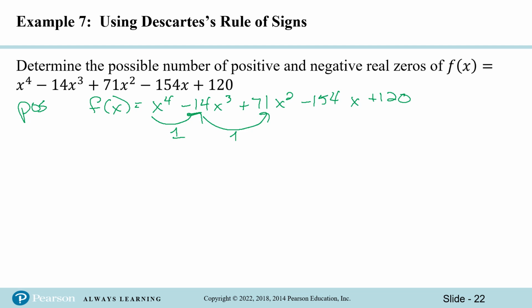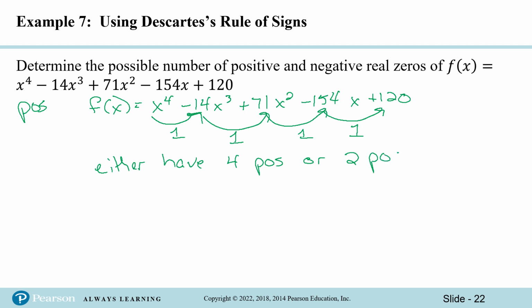Negative to positive, one sign change. Positive to negative, one sign change. And negative to positive, one sign change. So it could either have 4 positive real zeros, or take away 2, 2 positive real zeros, or take away 2, 0 positive real zeros. So that would be the positive.